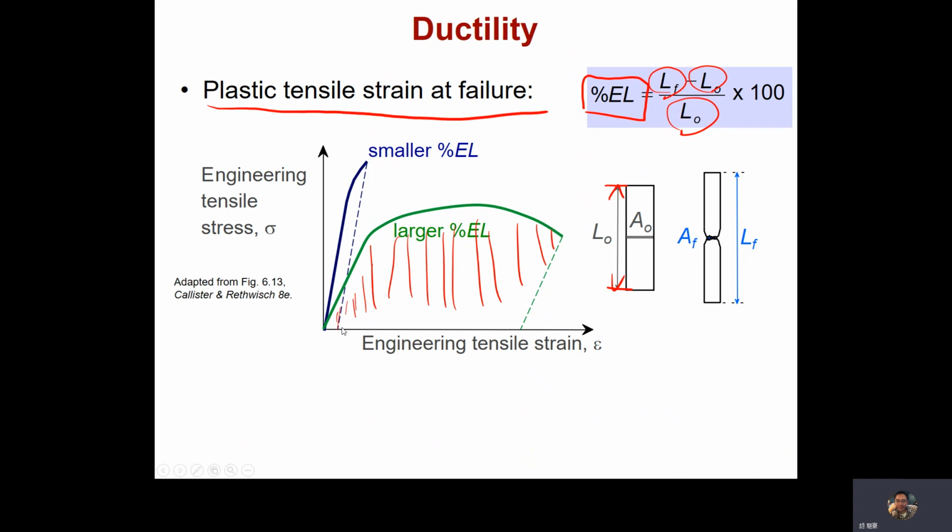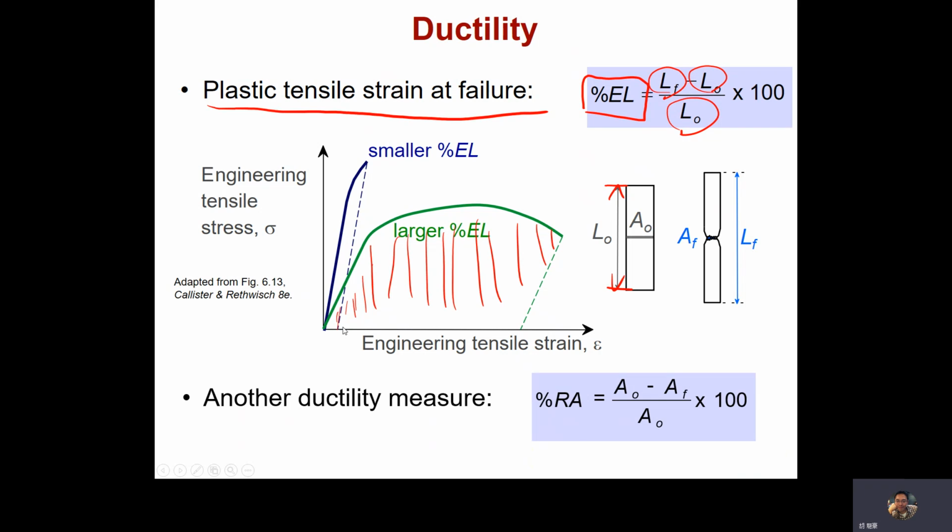The other way to define ductility is the area reduction. We measure the cross section after fracture, so we can calculate the difference between the original area and the fractured area, divided by the original area.